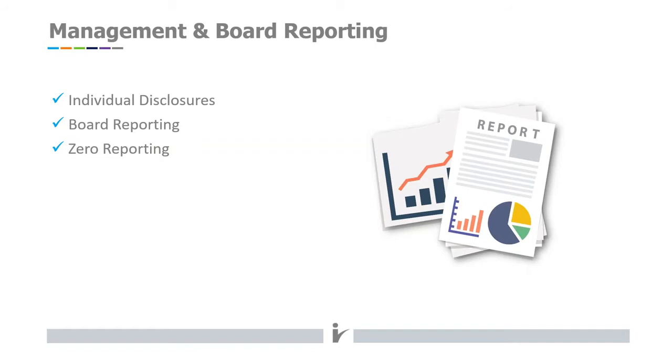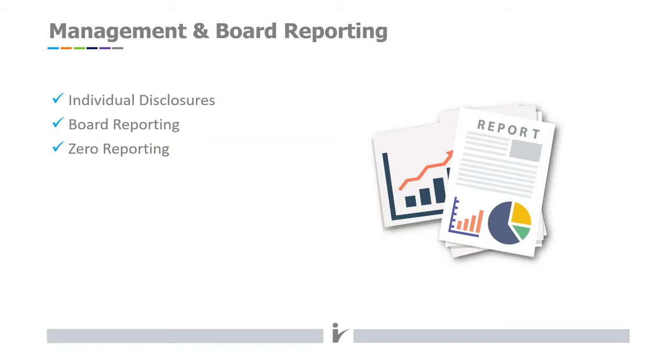Then you need to think about how you're going to report up to the board. Some individual disclosures might come up to the chair of the board, who decides whether the board needs to know, or it may not go to the board. But generally, the board has to get broader reporting on the whistleblower program and its performance. That's where I've made the reference to zero reporting.